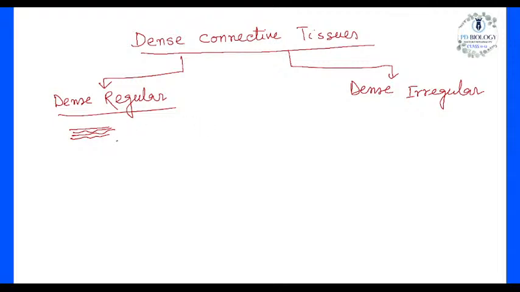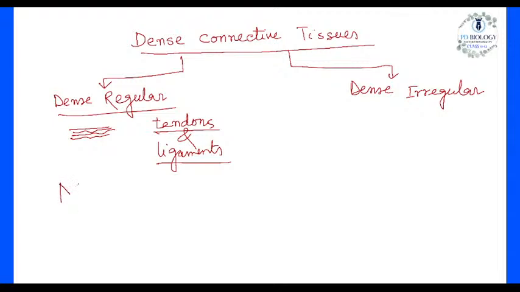That is the dense regular. Mostly the tendons and ligaments. These are very regularly arranged. So you can remember where the tendons are present.